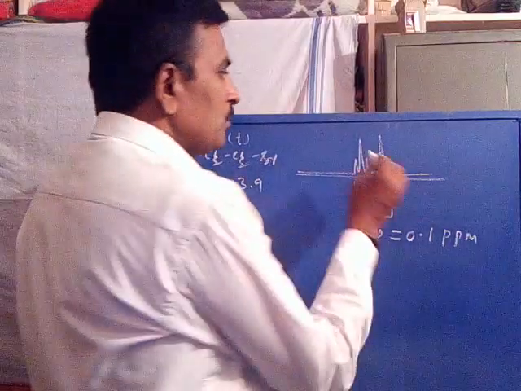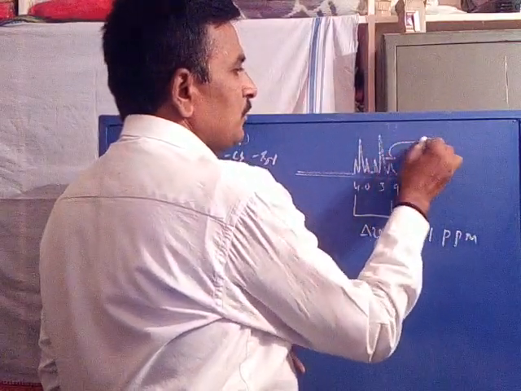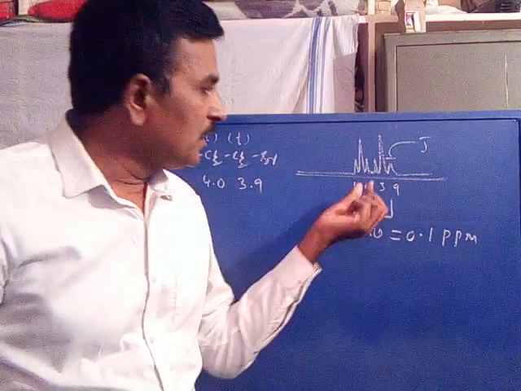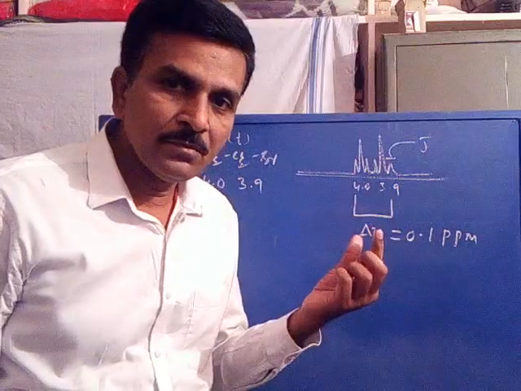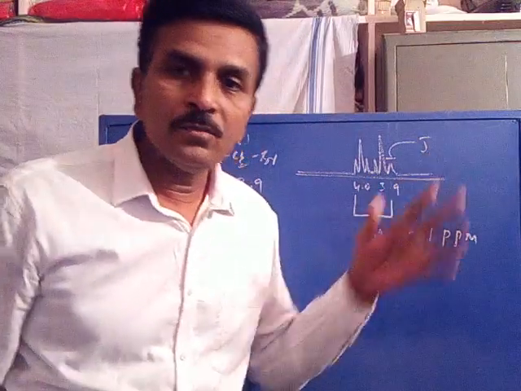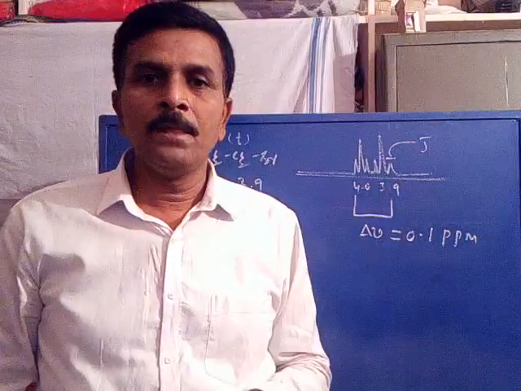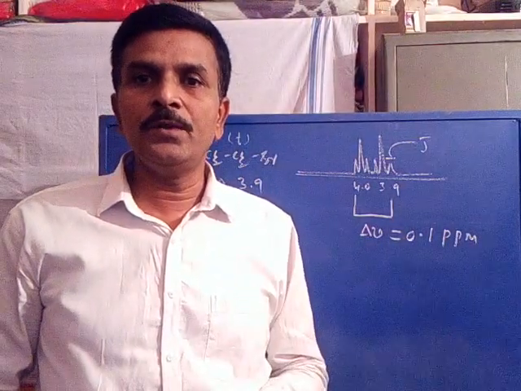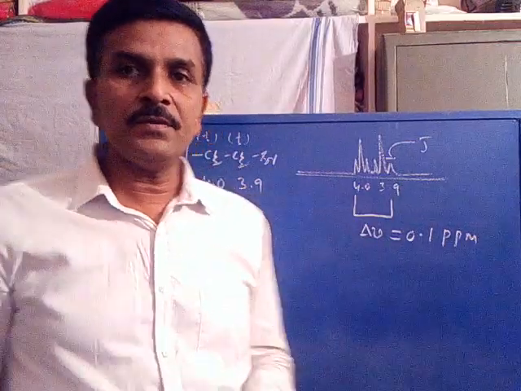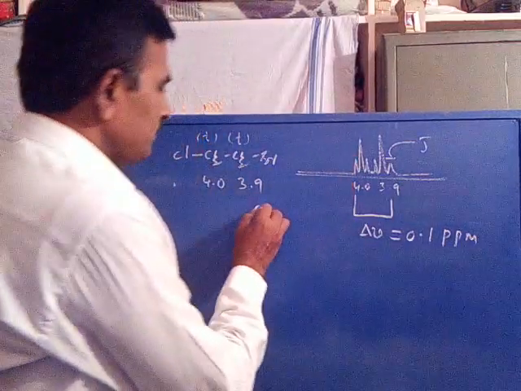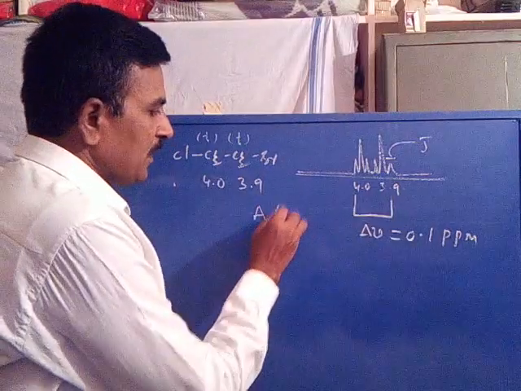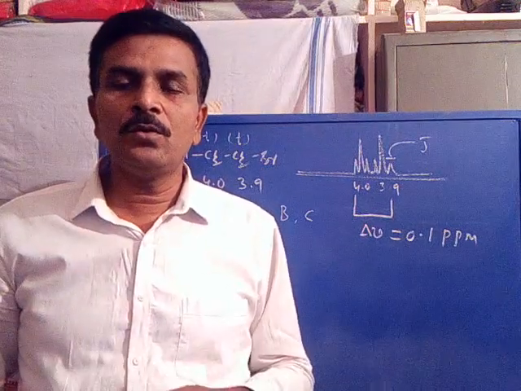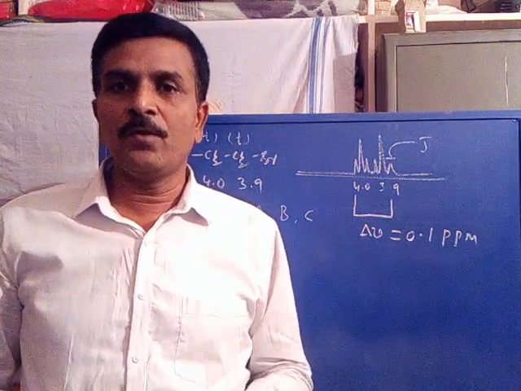Now, coming to the J value. This is the J value. Between these two lines, you can observe the frequency difference value is comparable with the J value. They are nearly equal. So in this case, capital letter A, capital letter B, capital letter C are used to designate each set of coupled protons.